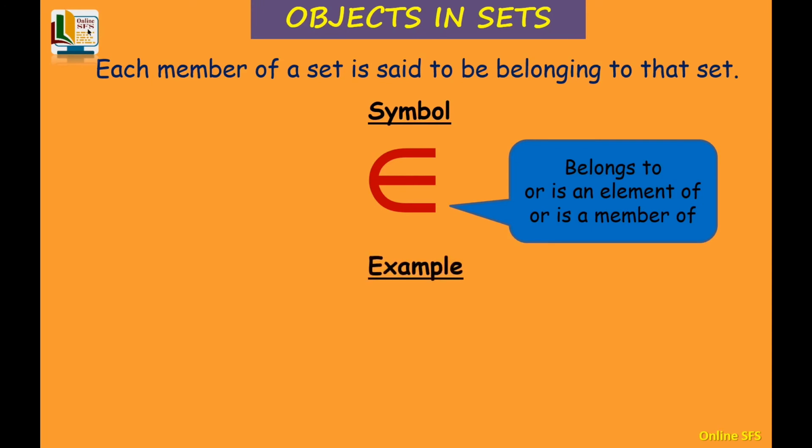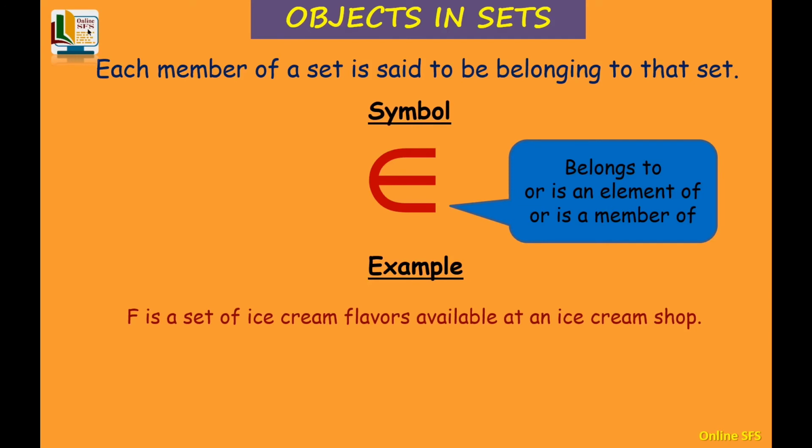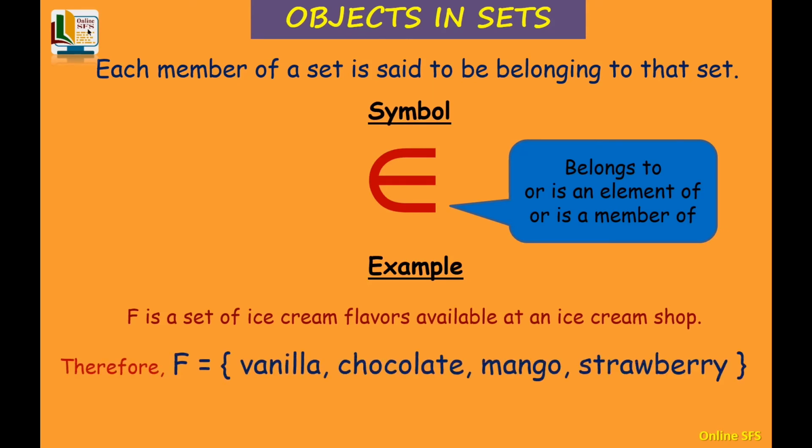For example, let's suppose that F is a set of ice cream flavors available at an ice cream shop. Now let's write down the elements or members belonging to this particular set F. Let's say the ice cream shop has vanilla, chocolate, mango and strawberry flavors available. So we'll write them down as F equals vanilla, chocolate, mango, strawberry.